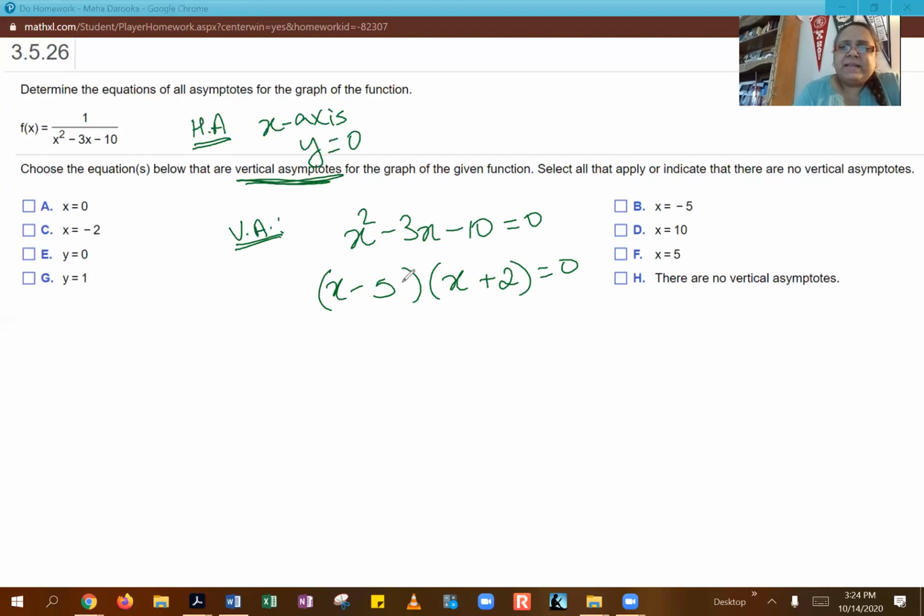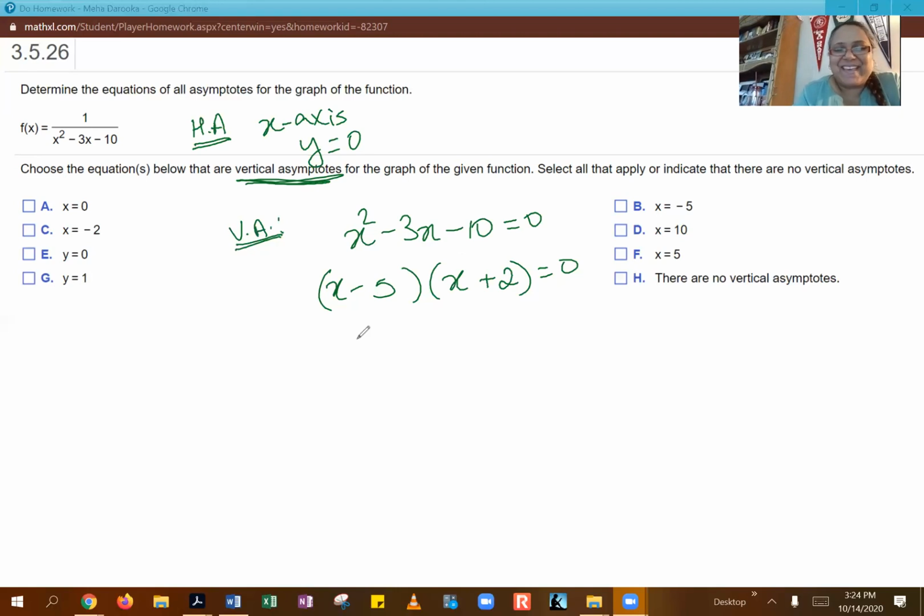Because when I multiply -5 with +2, I get -10. When I add -5 with +2, I get -3. So actually your signs were reversed from what you gave me.